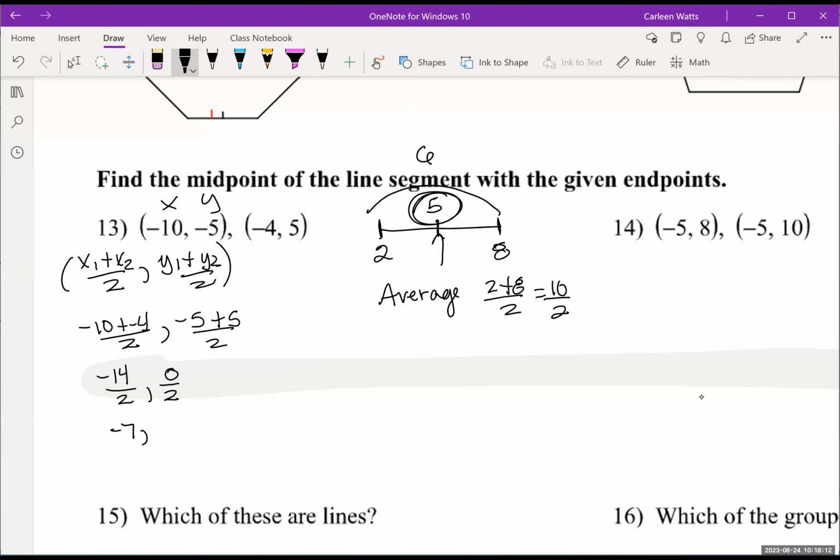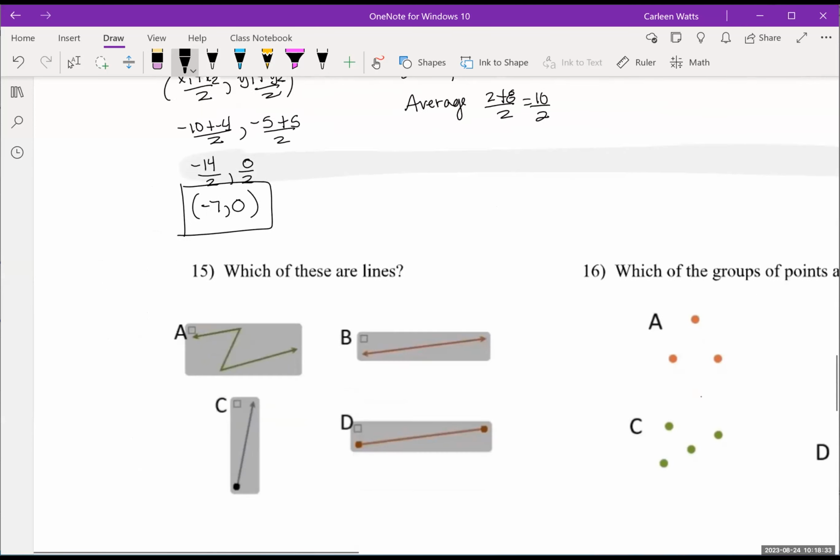Notice you cannot have a 0 on the bottom of a fraction, but you can on the top. There's your answer. Okay, average the x's, comma, average the y's.